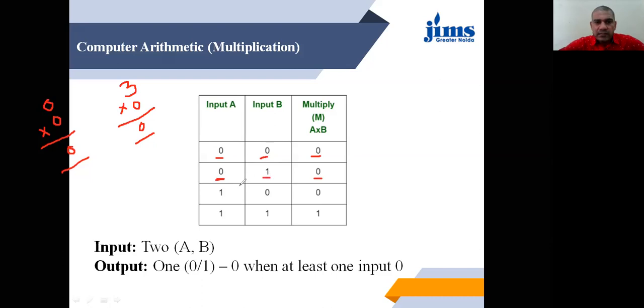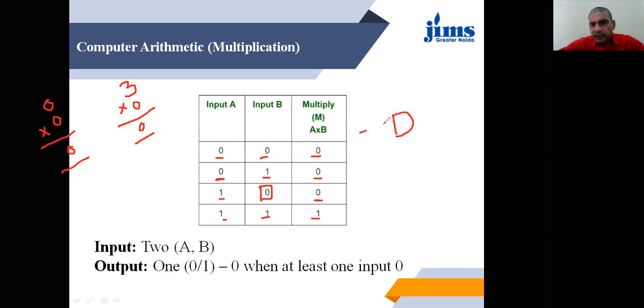In the third case, the value of A is 0, the value of B is 1. Here also one input is 0, so we are getting the multiplication 0. Only and only in one case, when both the inputs are 1, we get a 1 at the output. It means it works as an AND gate.